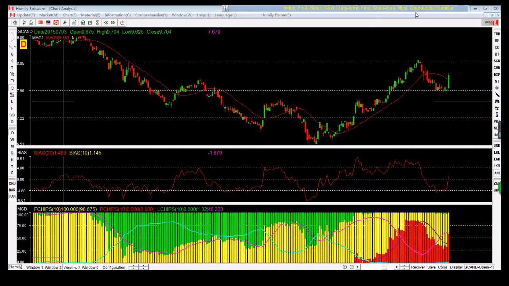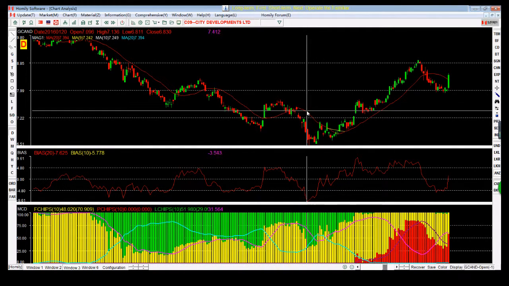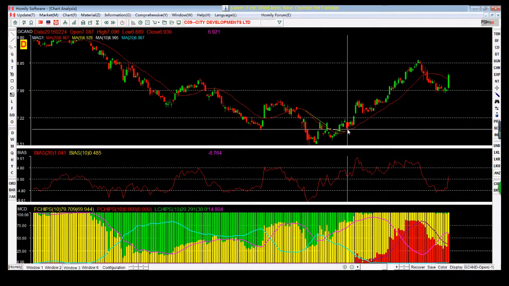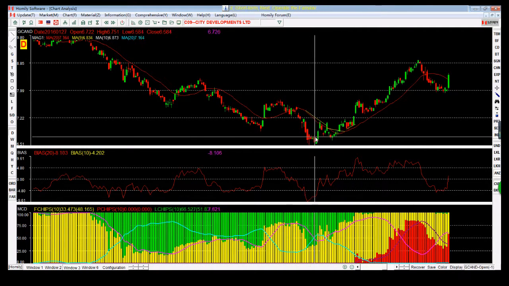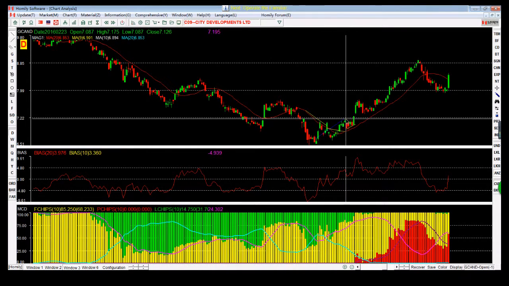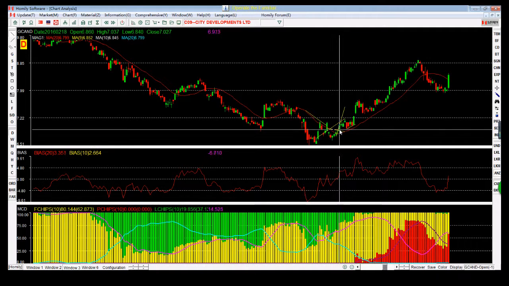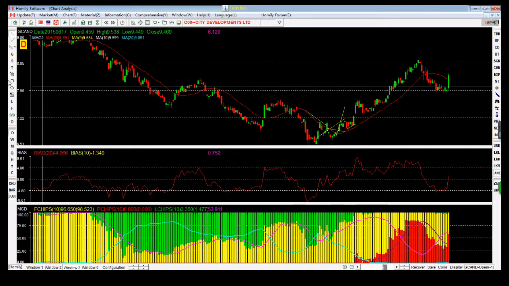Granville's 8 rules include 4 buy signals and 4 sell signals. The first buy signal: if the moving average line flattens out after a significant decline or begins to rise, and at this moment the stock price passes up through the moving average, it's considered to be a buy point.